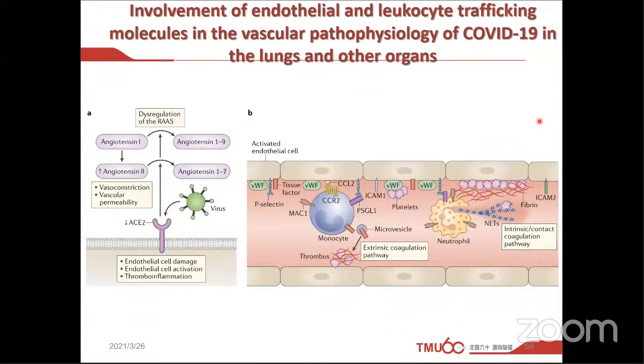Okay, let's use this slide to take it together. What's the event here? After infection, you change the RAAS setting, leading to a pro-inflammatory state in the vessel, in the tissue.